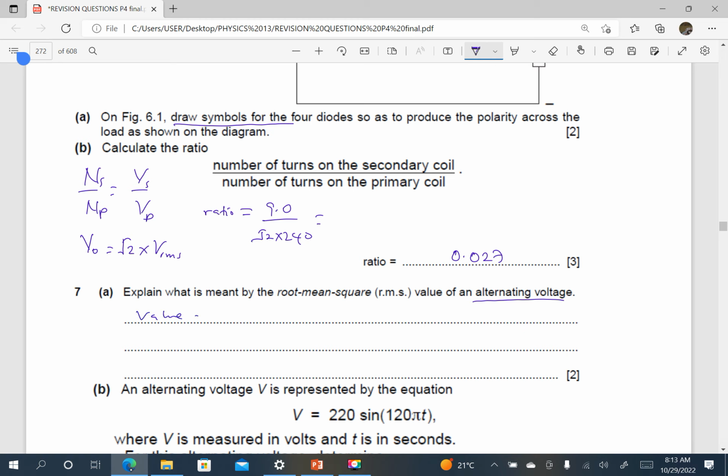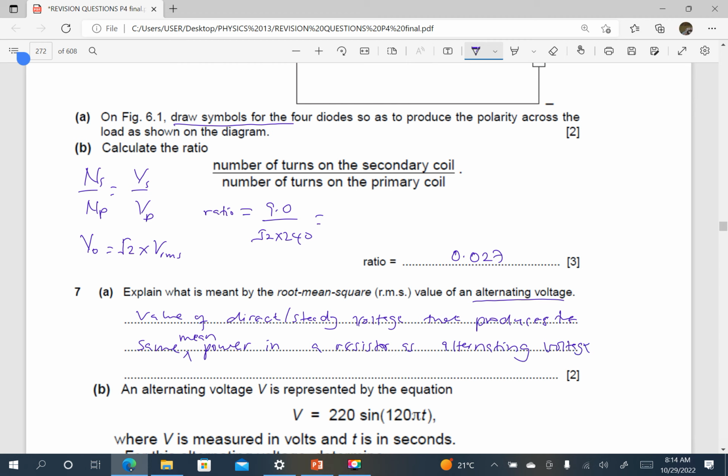So the value of direct or constant or steady voltage that produces the same heating effect, the value of direct or steady voltage that produces the same power in a resistor, or the same average power to be specific, or the same mean power in a resistor as the alternating voltage.